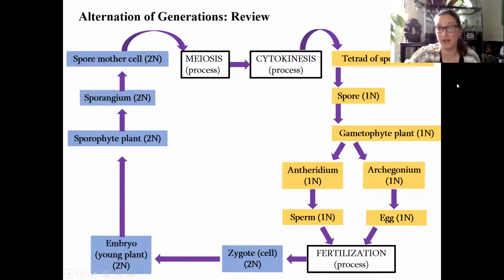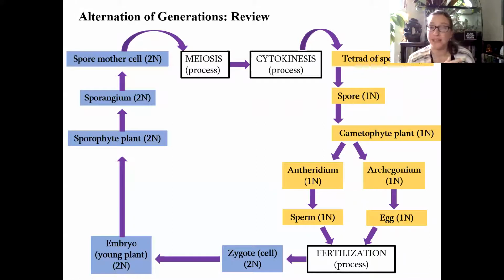This is something we covered in the second class, this idea of alternation of generations, right? All plants have alternation of generations. Alternation of generations is a unique thing to the plants. Animals don't have alternation of generations.